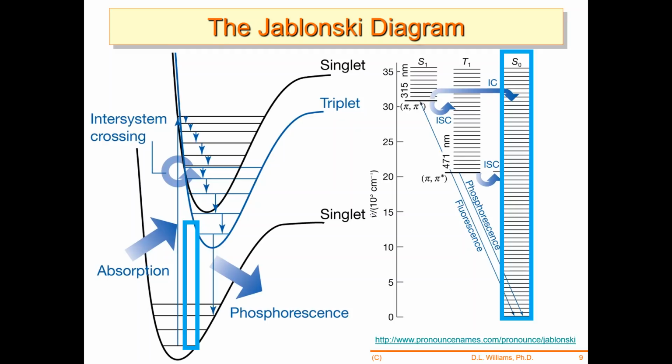So we just draw a vertical set of a bunch of lines, and those lines represent vibrational levels. We could be accurate, I guess, and draw the vibrational spacing, but most of the time we don't. We just draw a pattern of horizontal lines.